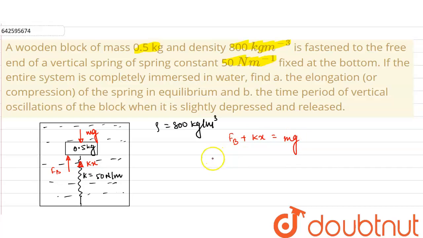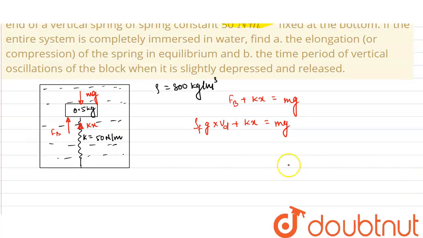Now the buoyancy force is given as density of fluid into g into volume displaced, plus kx equals mg. Since the entire system is submerged in water, the volume displaced will be equal to the volume of the block, and the volume of the block is given as mass of the block upon density of the block, plus kx equals mg.